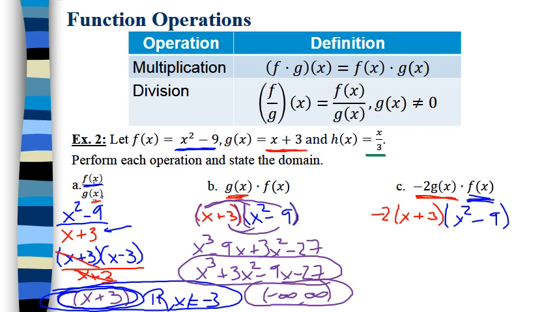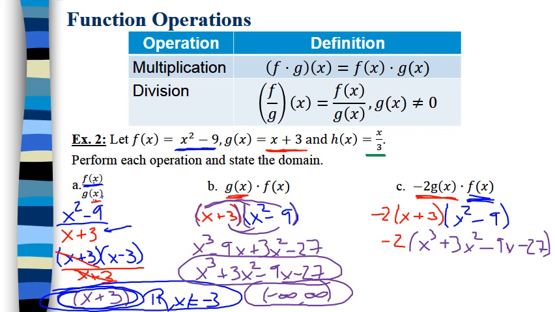Now, since this is all multiplication, and I've already done g of x times f of x, I know that this is negative 2 times the quantity x cubed plus 3x squared minus 9x minus 27.